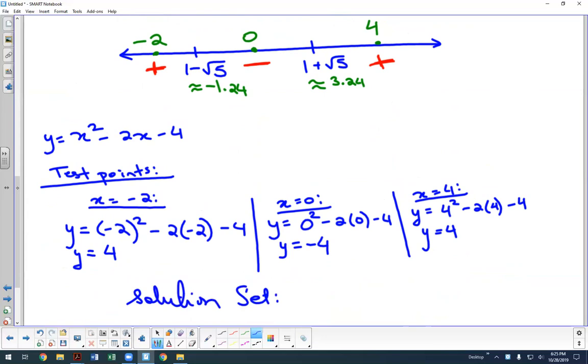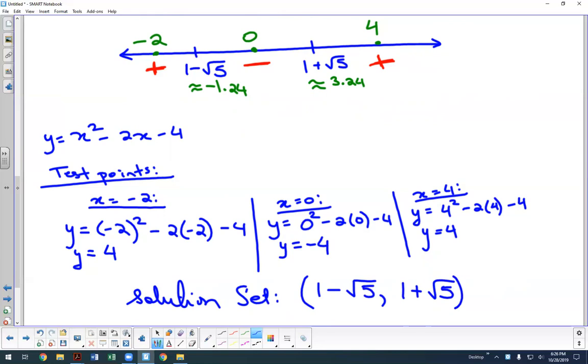So you want to use the radical terms, but yes, it's going to be between our x values, between 1 minus square root of 5 and 1 plus square root of 5. Am I including my endpoints here with this inequality? No, you're not, because it's just a strictly less than inequality. So you're only going between 1 minus square root of 5 and 1 plus square root of 5.